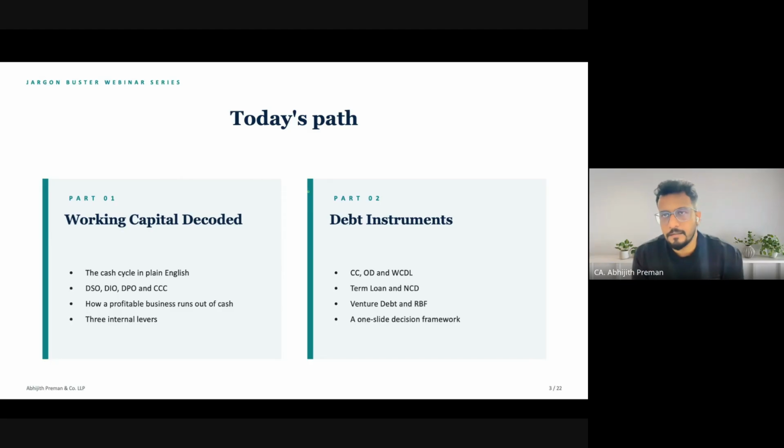Part two is debt instruments: what is cash credit, OD, working capital debt, then term loan and NCD, venture debt, and revenue-based financing. And then one slide with a decision framework on which funds to use in the scenario you are in. This is going to be the crux of today's topic.